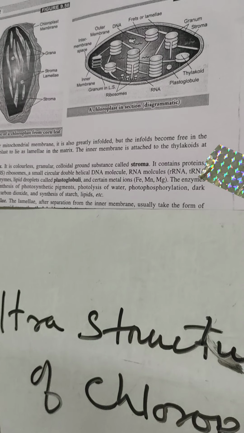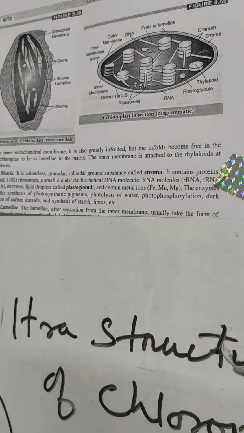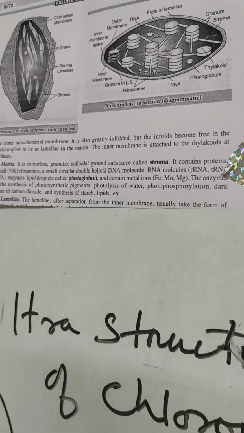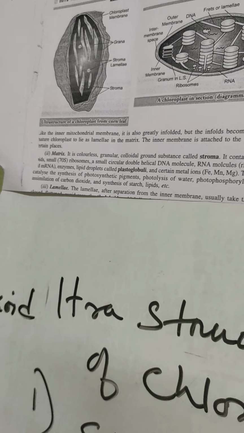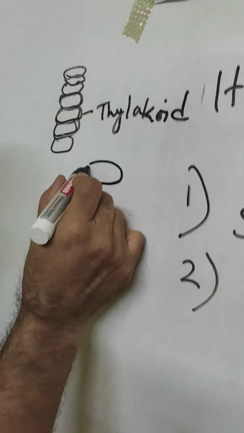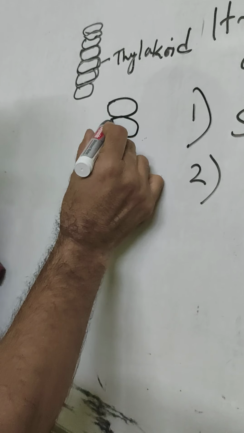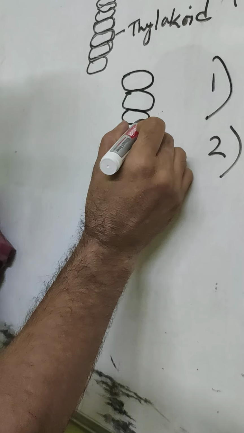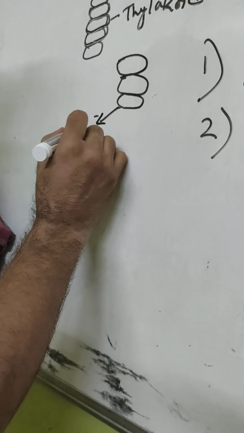These grana are meant for the light reaction of photosynthesis. These grana are made up of thylakoids.